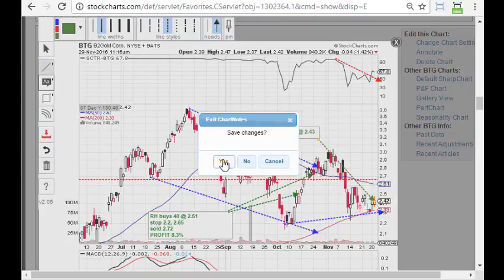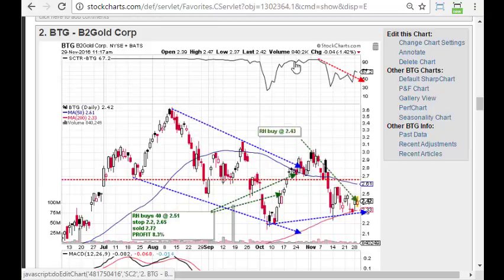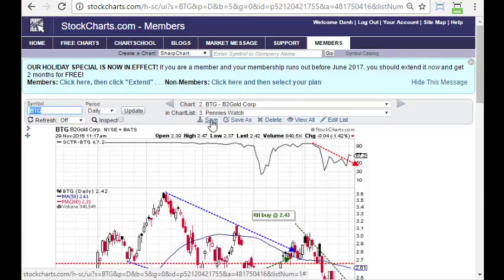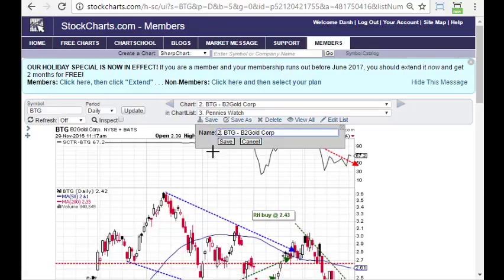What I like to do, this is my own trick with StockCharts, is change the name of the stock and remove the number. That way it places all of my trades at the front of the list, which is a period, because StockCharts will sort the punctuation before the numbers.